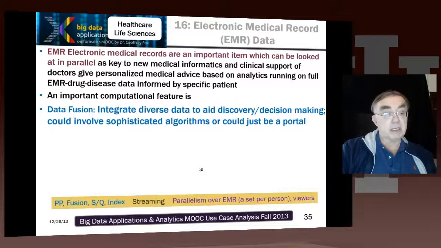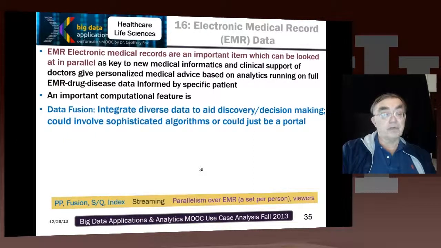We mentioned here the concept of fusion, and that's pointing out that in almost all these areas, we already mentioned this in the military application, you need to integrate diverse data to aid in either scientific discovery, if the diverse data comes in science, or decision making, in our case here, where we have doctors sitting in the clinic looking at individual patients, going back to the back end, health data, running analytics to support their decision making.